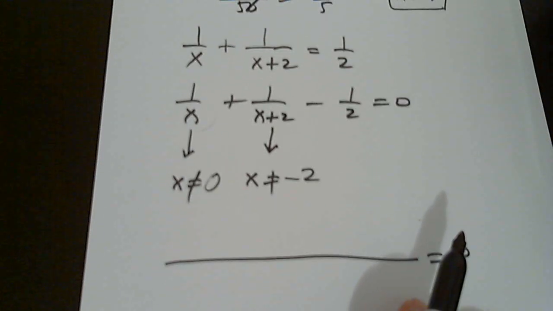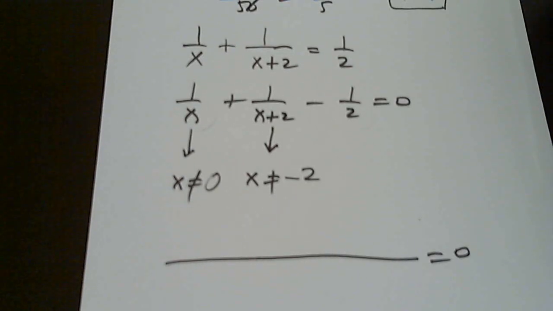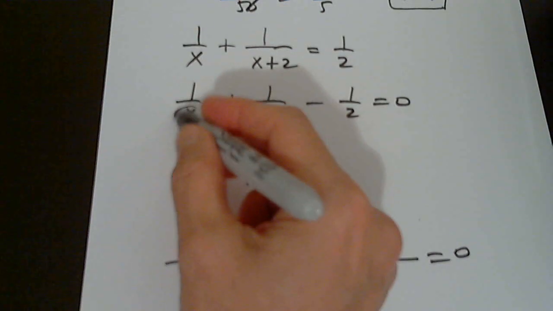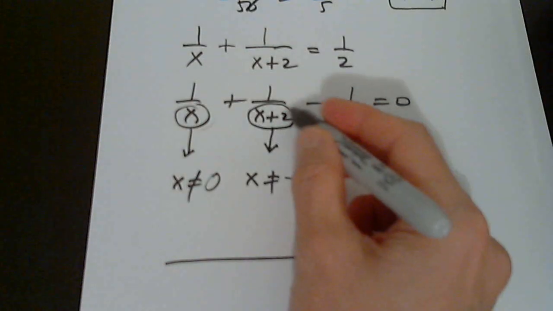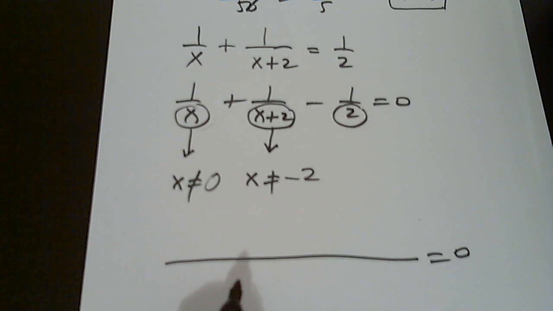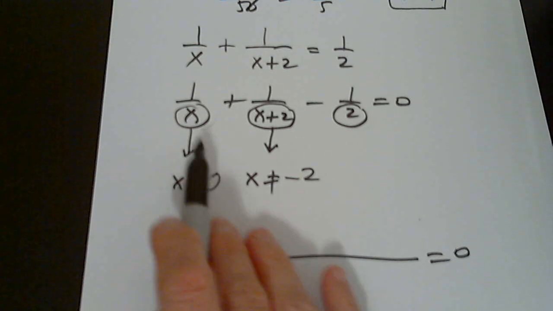They have nothing in common. What is the least common denominator? x plus 2, or x, something like that. One more time. I have 3 denominators.